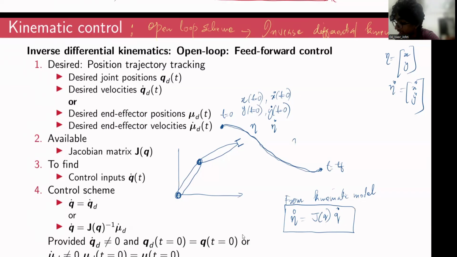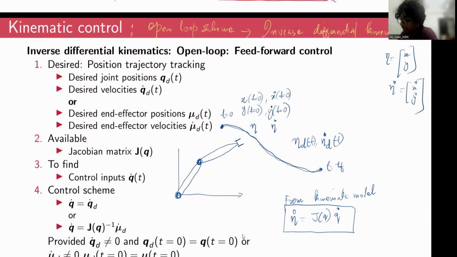So we will be having eta desired of time and eta desired dot of time. These two trajectory coordinates, the positions and velocities, would completely specify the trajectory that we want our robot to track. So the given parameters are, I've used mu here. Mu and eta are basically the same, so I've used them interchangeably.